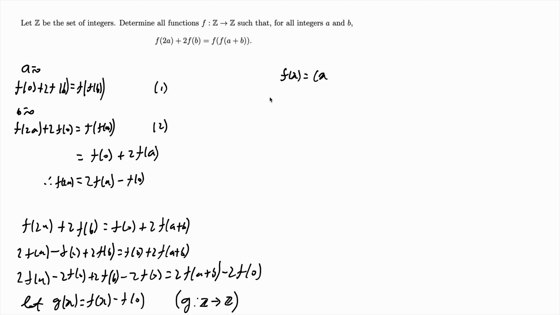So substituting, we have 2ac plus 2bc equals c times a plus b. So we have 2a plus 2b equals c times a plus b, and we have c equals 2 times a plus b over a plus b. Therefore, c equals 2 works.